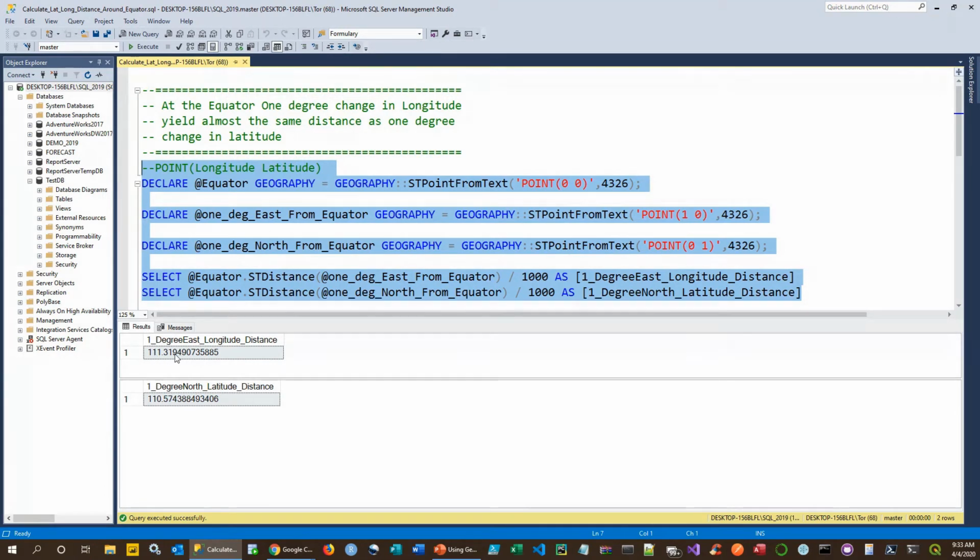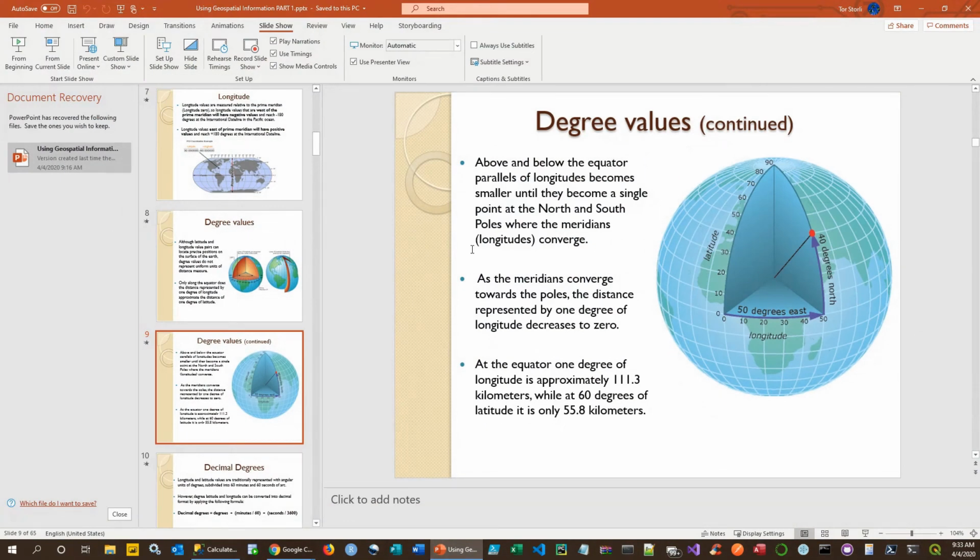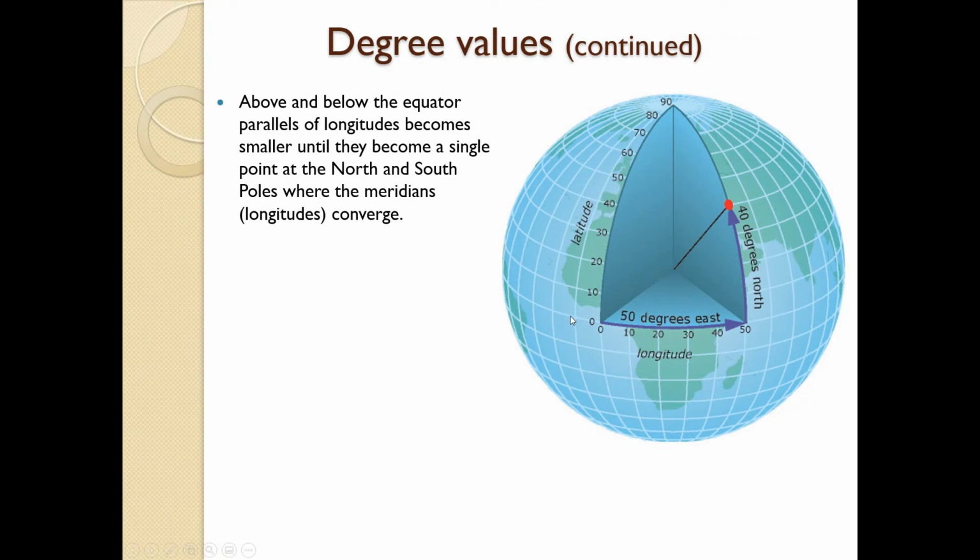So latitude and longitude are very similar in distance. And that's why you can see the distances here are pretty much the same.